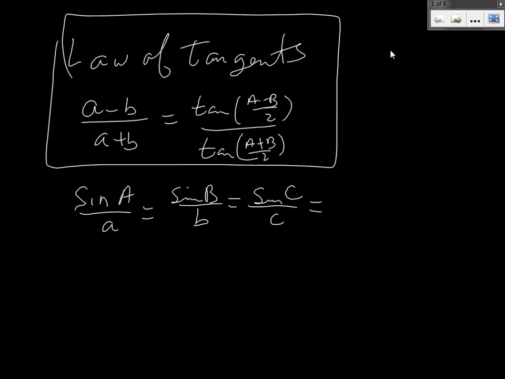But these ratios all equal the same value. After all, it has equal signs. And we'll call that value k for constant. So the sine of A over a is equal to k.